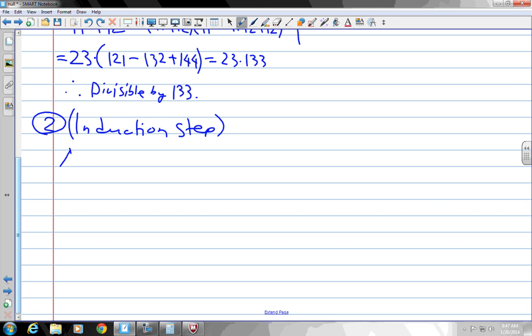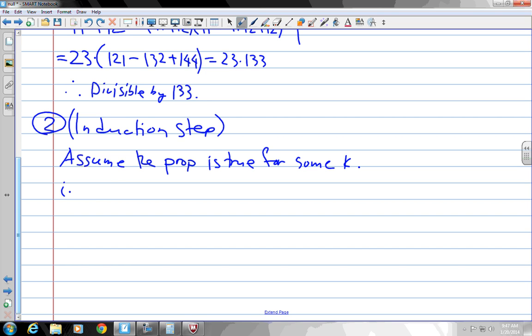So assume that the proposition is true for some k. And again, k is a natural number. We don't even have to specify that because we're just messing with natural numbers. Okay?